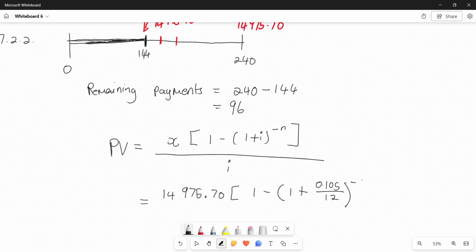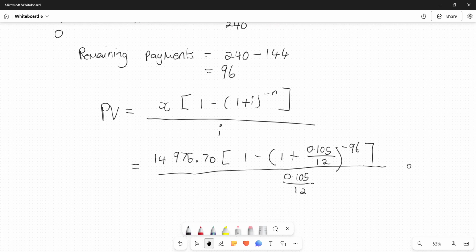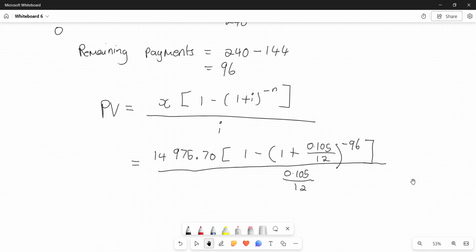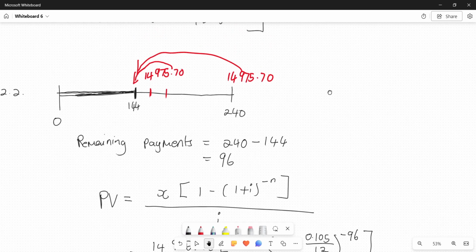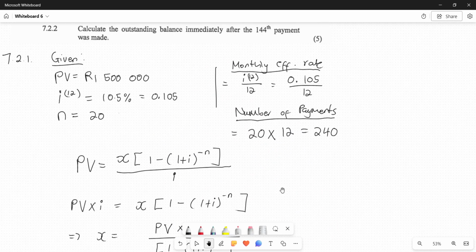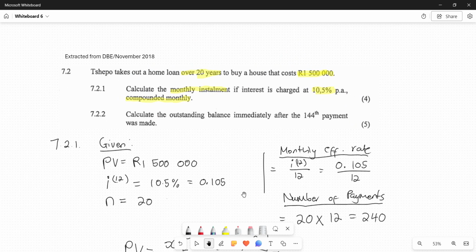It is 96, so it will be to the power of negative 96, all divided by our monthly effective rate of 0.105 divided by 12. Using my calculator, I found our present value to be equal to 927.74. So that's how you solve this type of practical question that involves present values.